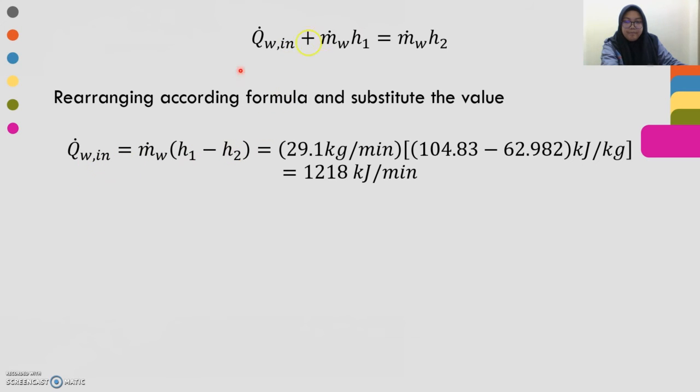So the formula becomes Q dot W in is equal to m dot W H2 minus m dot W H1. Then we substitute the value of m dot W from the earlier question and the H1 and H2 from the earlier question also. Therefore, we got 1218 kilojoule per minute as the answer for B.